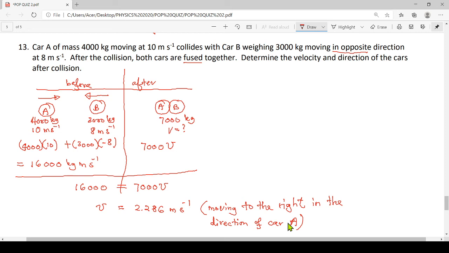It's easier if you draw the free body diagram and then analyze and synthesize everything. I hope you understand how it is worked out.